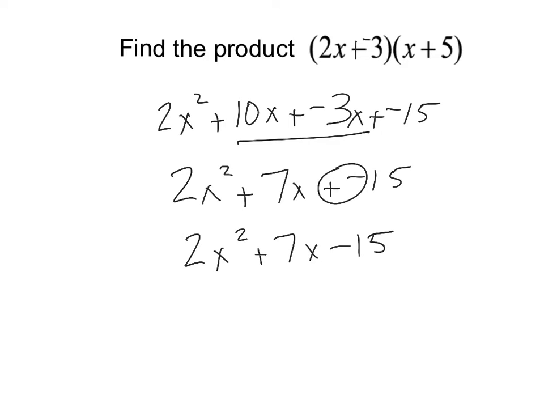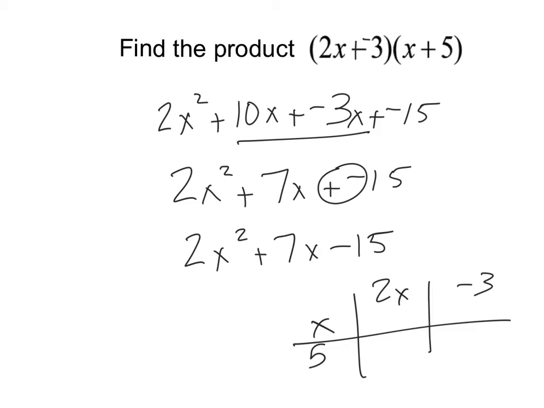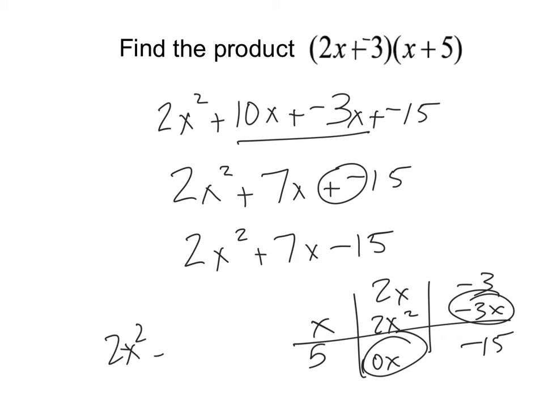If that is what you got, yay! If it's not what you got, figure out why. All right, I obviously learned how to do it using the FOIL method, so that's what I did. If you did want to do the table method, you would have done 2x, -3x, 5. This is 2x squared minus 3x, 10x minus 15. These two get simplified. You end up with 2x squared plus 7x minus 15.